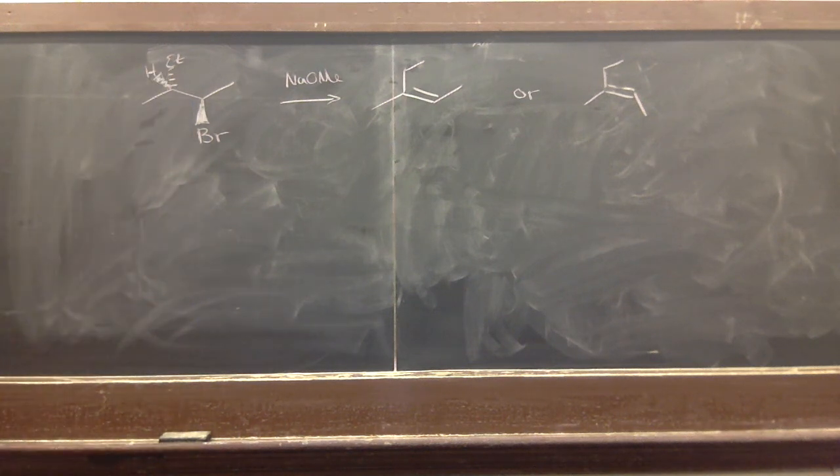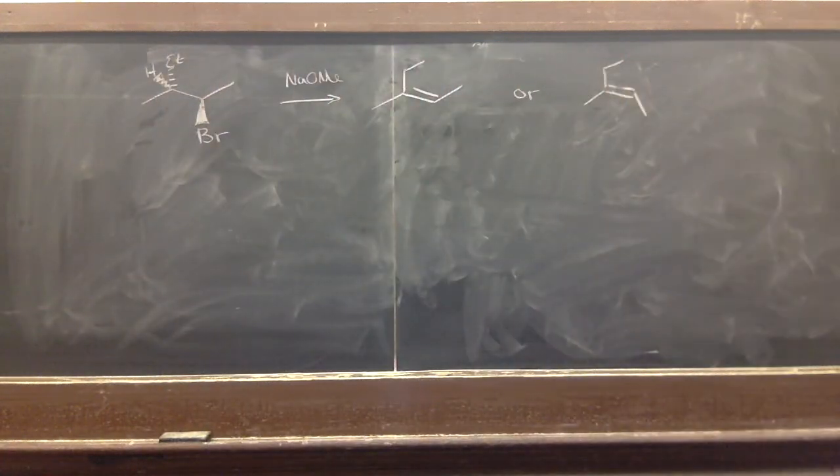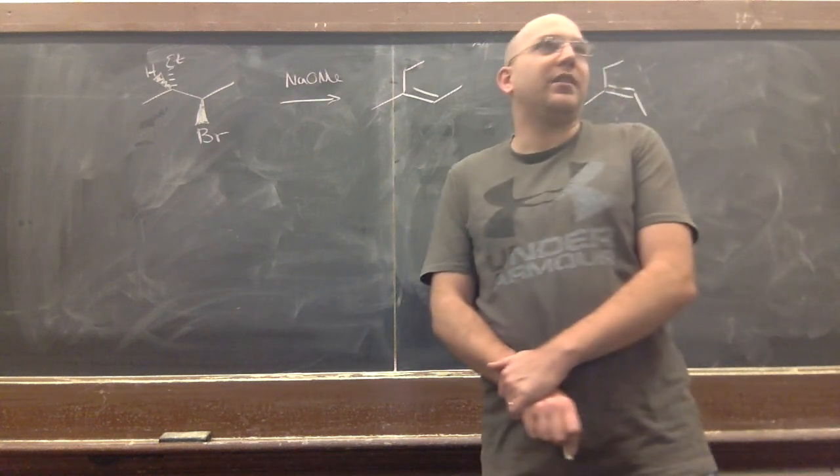No. So you have to try to draw it into a form that will allow you to see when it's anticoplanar, and that's the way you would then work out the stereochemistry. I always say anti-periplanar, but we're saying the same thing, basically.